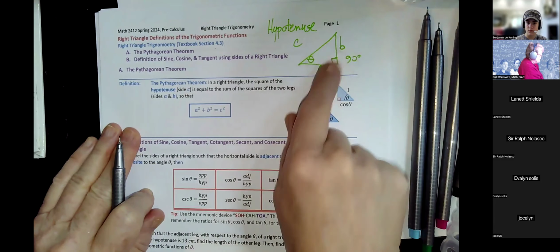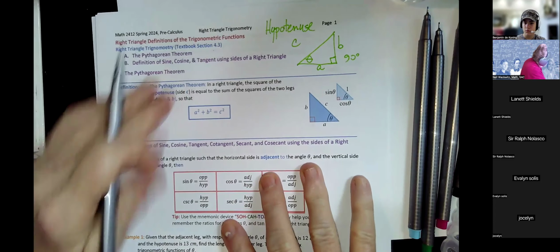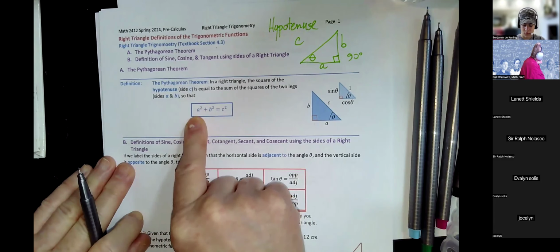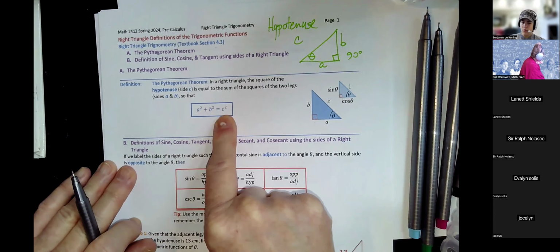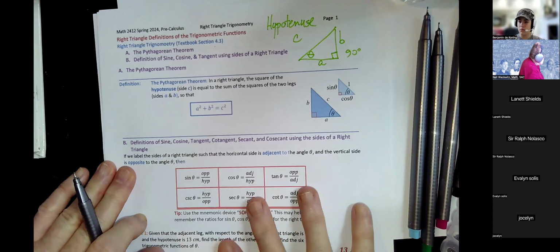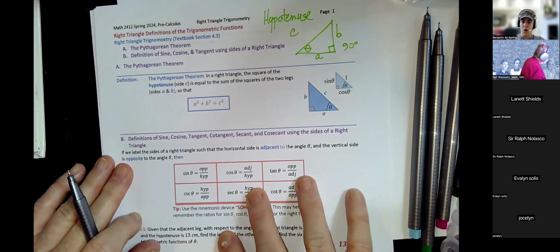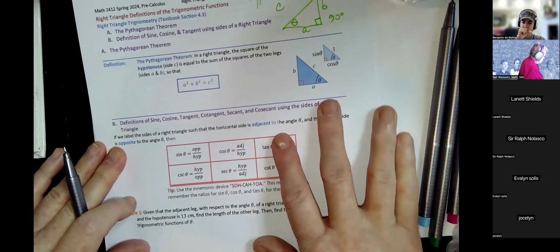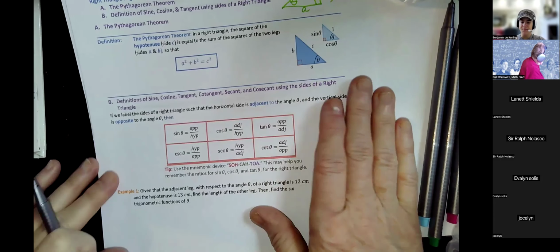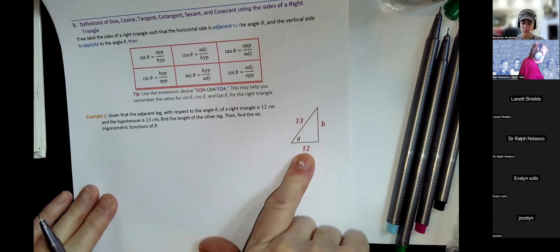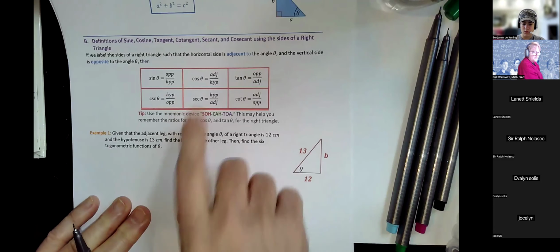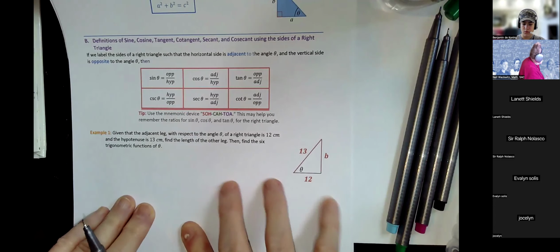And the relationship between these three sides is that the square of A plus the square of B is equal to the square of C. Let's do a couple of questions just on the sides of the triangle, and then we're going to go back up here to the trig part and fill in.